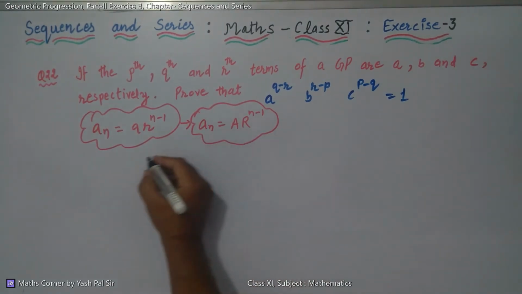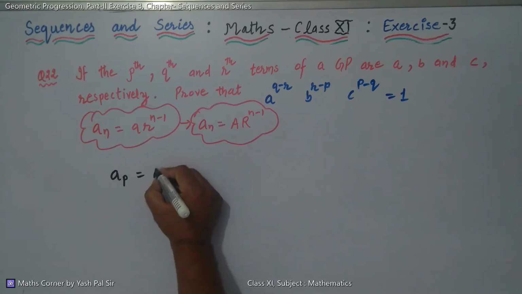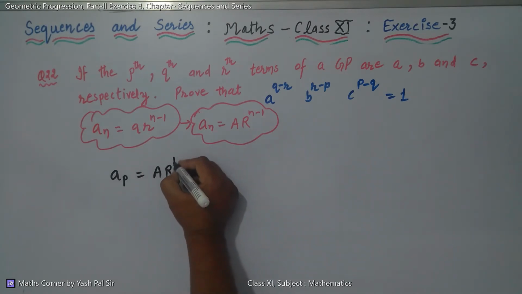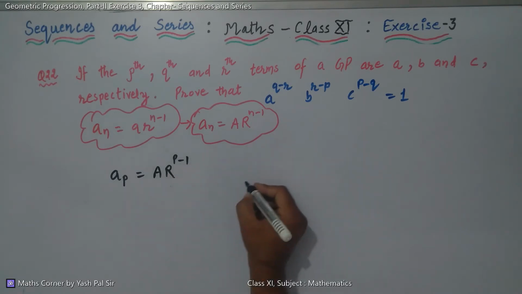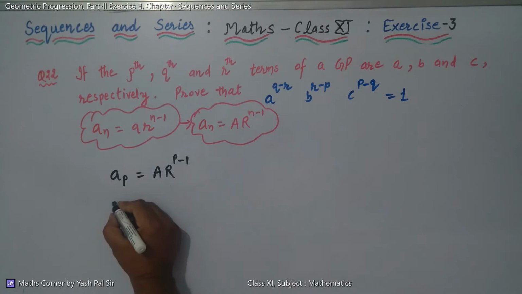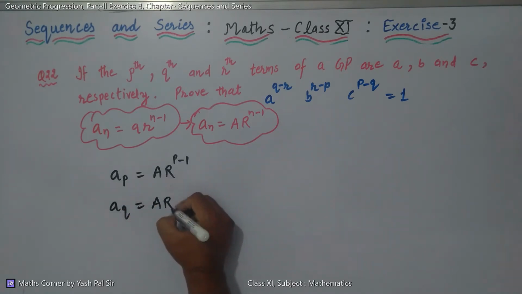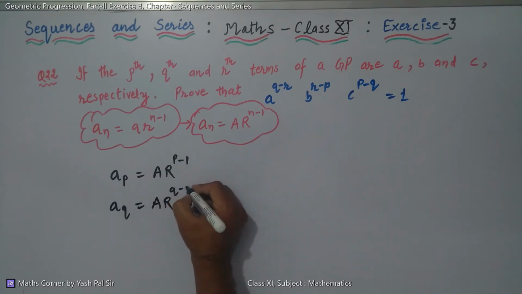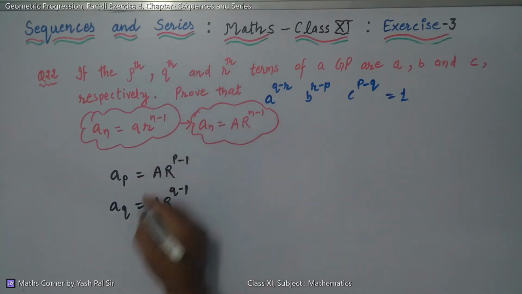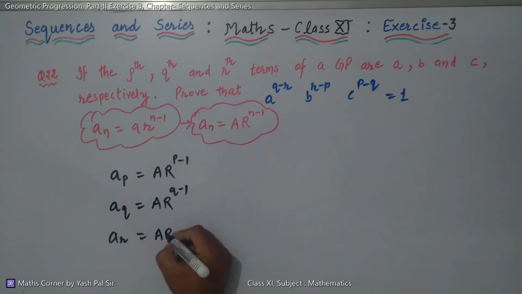So what is given here? The pth term ap is equal to A R raised to power p minus 1. Second, the qth term aq is equal to A into R raised to power q minus 1. The rth term ar is equal to A R raised to power r minus 1.